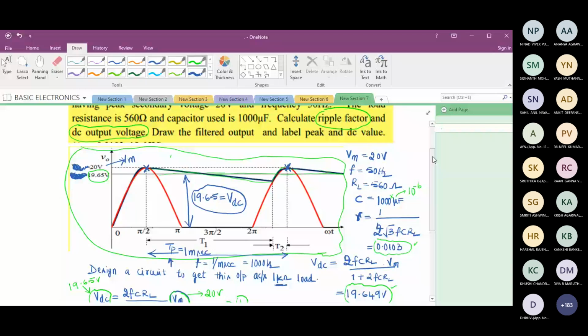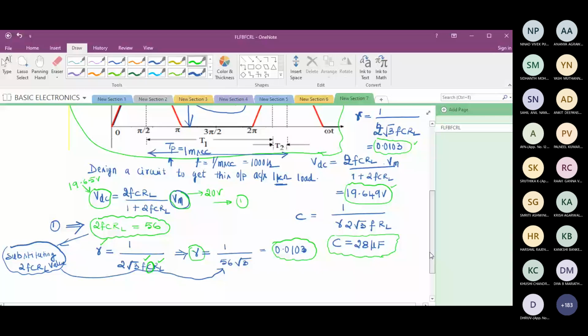Anyhow, this is there in the exercise, but in the exercise they are asking you to draw the waveform, draw the filtered output and label DC and peak value. They are expecting you to draw the waveform. I did the reverse thing. Here, the waveform is given, so you have to identify the peak, the DC value, and design the circuit. Is it okay? Both I have done.